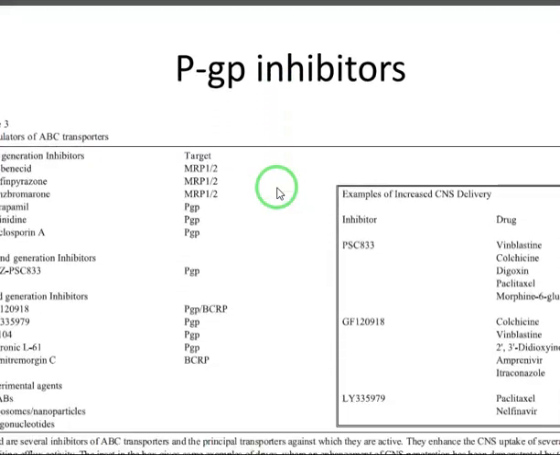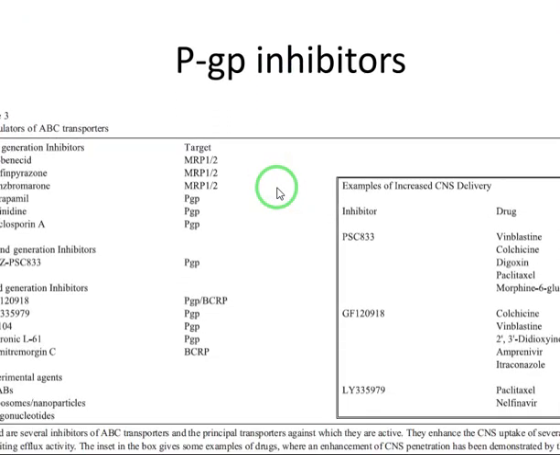Okay, in order to inhibit the function of the PGP proteins, there are some molecules, as you see here, that you can use, but we have to be careful. What is the meaning of inhibit? Inhibit means to stop the function of the PGP.